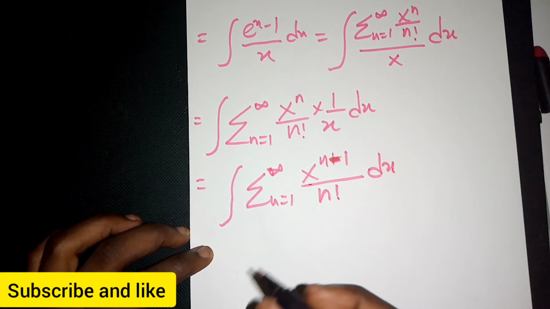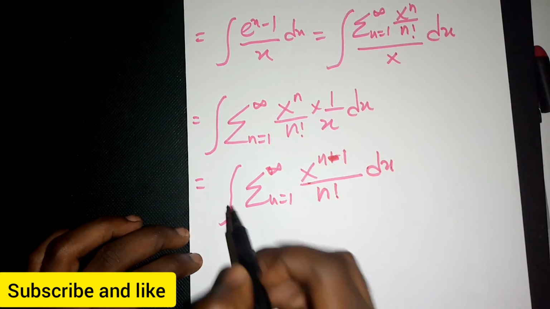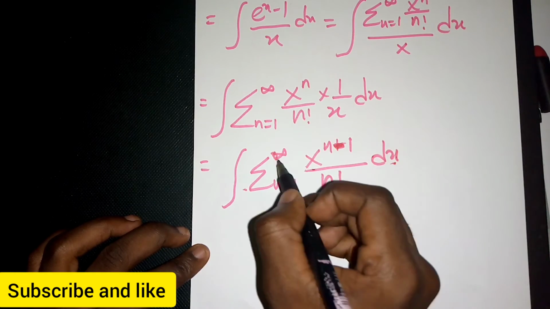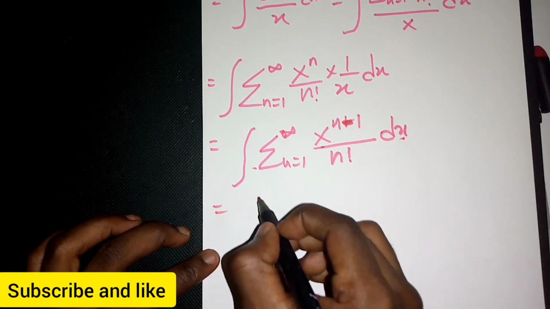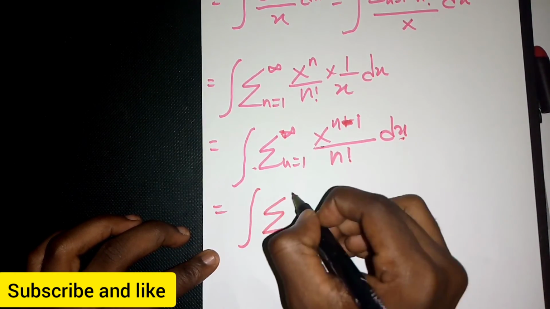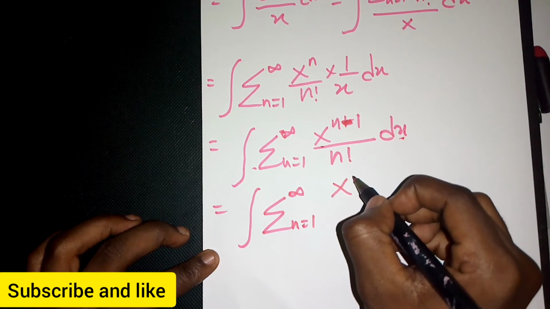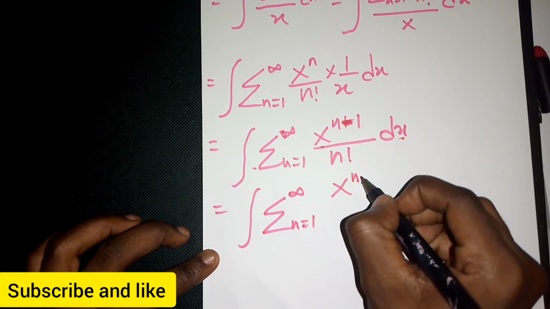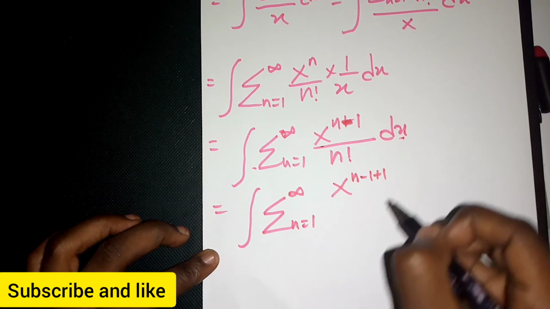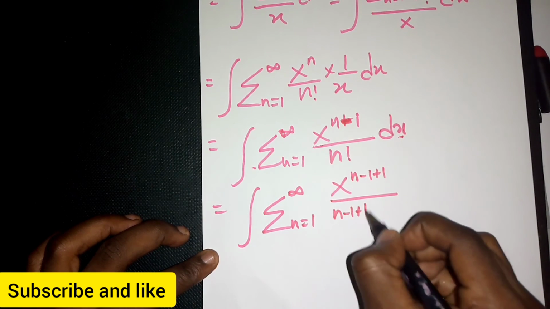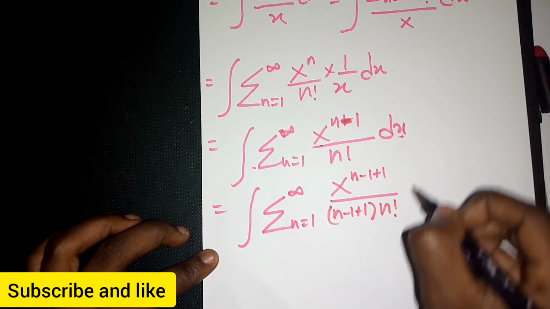Now from here we can go ahead and integrate with respect to x. Integrating, we have the summation from n equal to 1, and in integration, for the power we add 1 to it, then we divide by the new power, which is n minus 1 plus 1, then our n factorial.